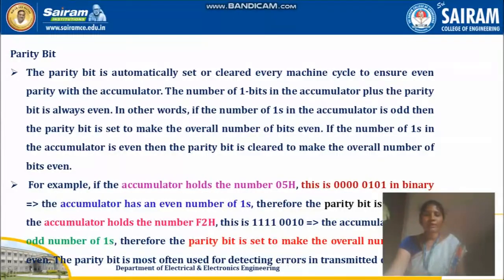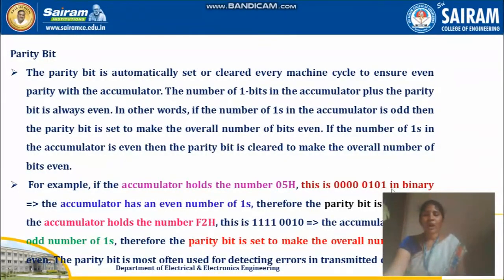Suppose you are having F2H. You just expand this F2 data in the form of BCD. You can write F as 1111, 2 is 0010. In this, count the number of ones. So here, if you count the number of ones, the number of ones is odd. Therefore, the parity bit is set.